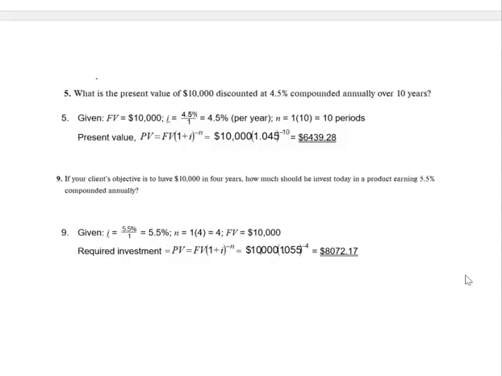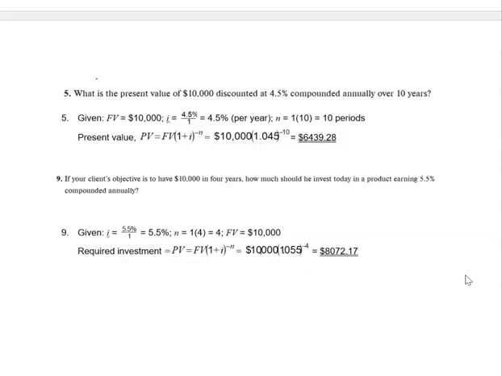So again, write out what you know. You know that your future value is going to be 10,000. We know that your J is 4.5. So in order to come up with your periodic interest rate, it's 4.5 divided by M, which is the number of times it's being compounded in a year, which is only 1.